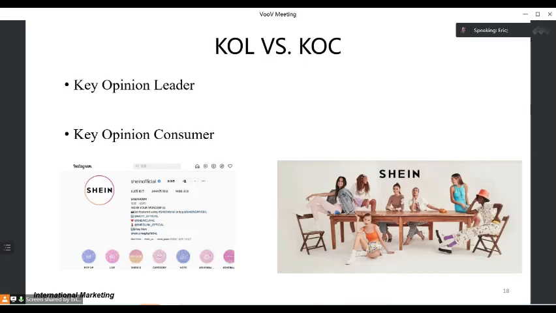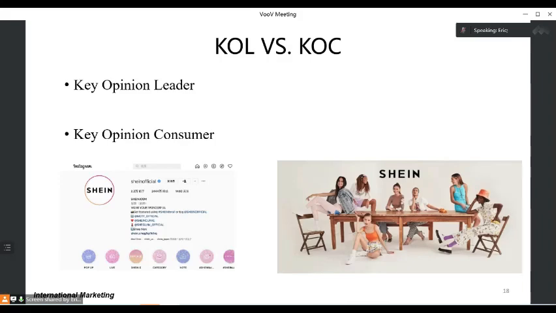So important. So we find a trend that some brands want to invite key opinion consumers to try their product and share their experience of the product.